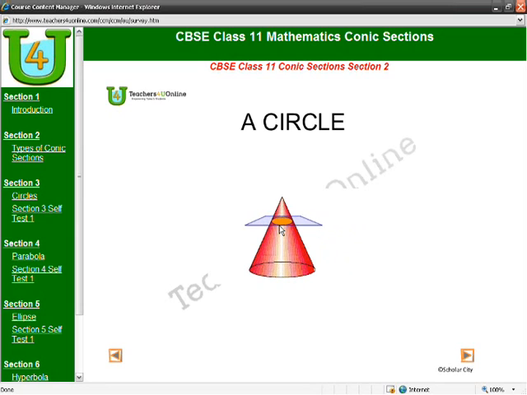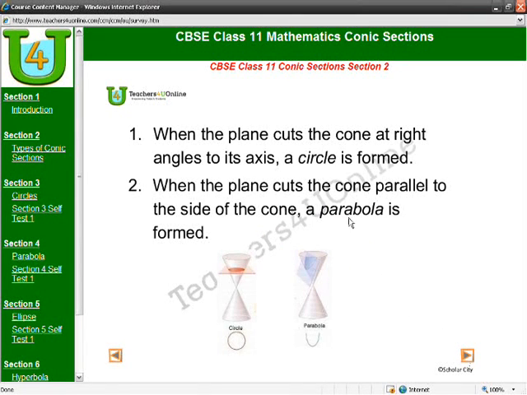In this case, the conic section that is obtained is a circle. We get a circle. Now, when a plane cuts the cone at right angles to its axis, a circle is formed. We just saw that.